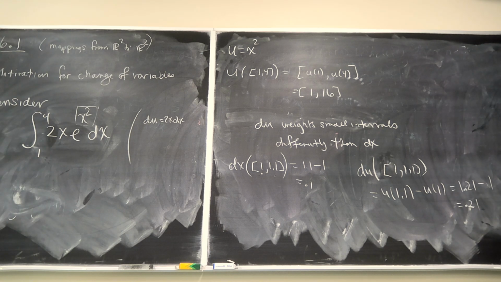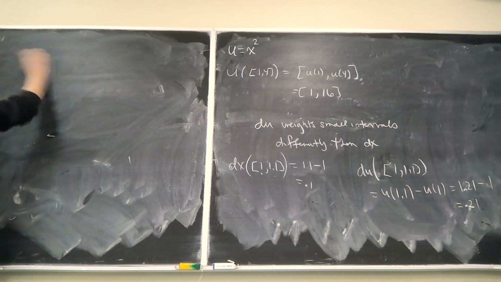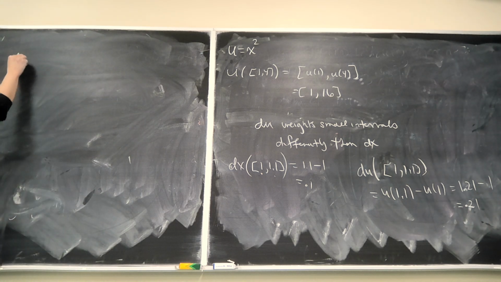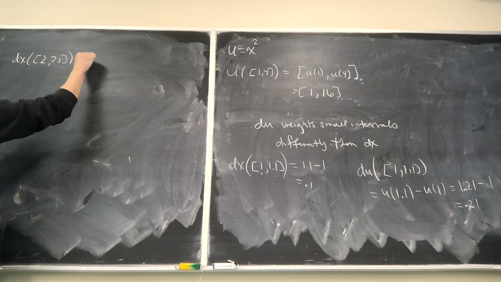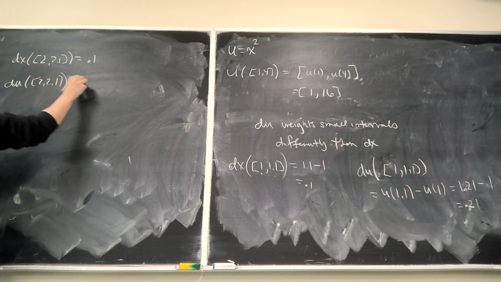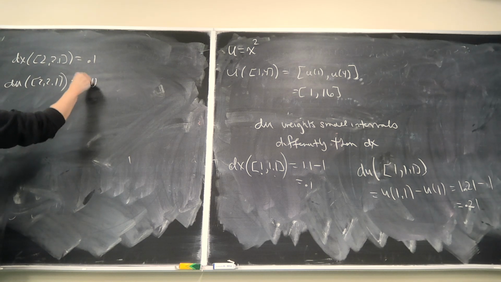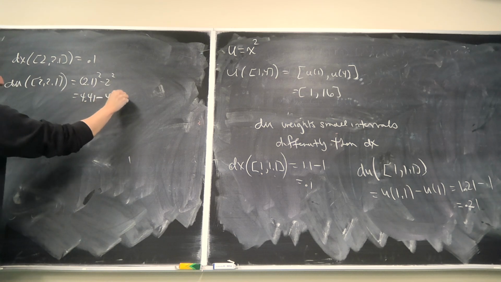When I slide from one way of looking at this to the next, I've actually scaled the way that I'm looking at the pieces of the interval. That's not linear. If you do the same exact thing and you start moving the interval around, when dx looks at the interval from 2 to 2.1, it still spits out 0.1, because 2.1 minus 2 is 0.1. du eats the interval from 2 to 2.1 and spits out, okay, can I still square things? 2.1 squared minus 2 squared is 4.41 minus 4, which is 0.41.